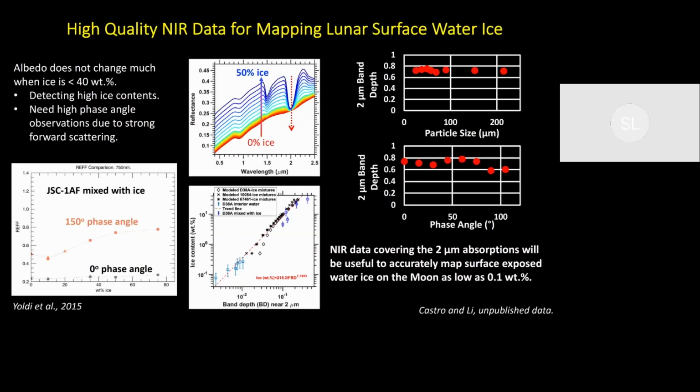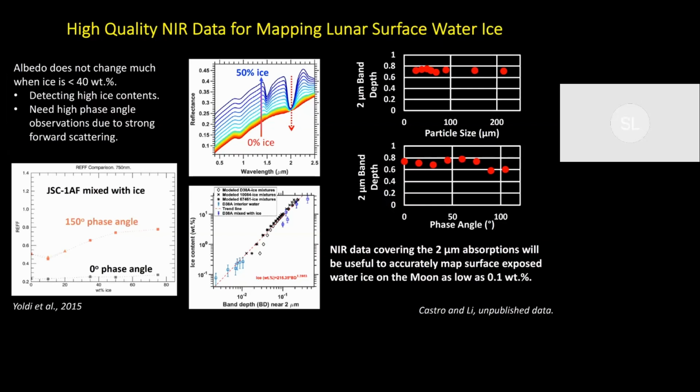In contrast, if you look at the near-infrared feature, it varies strongly as you increase the ice content. It shows in our simulations and experiments that we can detect ice content as low as 0.1% using the band depth near 2 microns. And recently, my student, Nina Castro, did some experiments showing that the 2 micron band depth doesn't change much with particle size from 20 microns to over 200 microns.